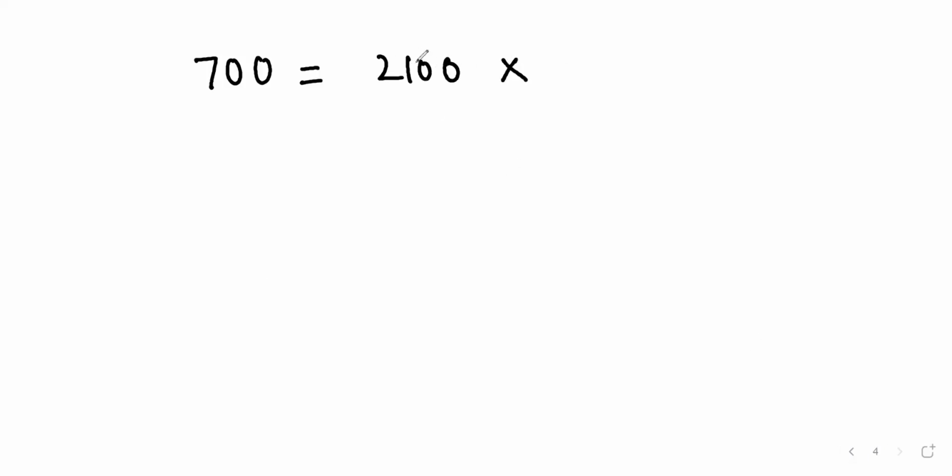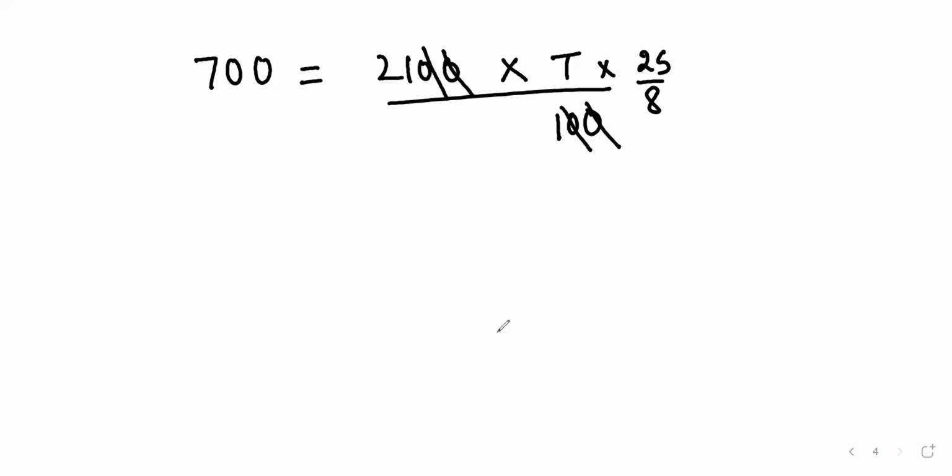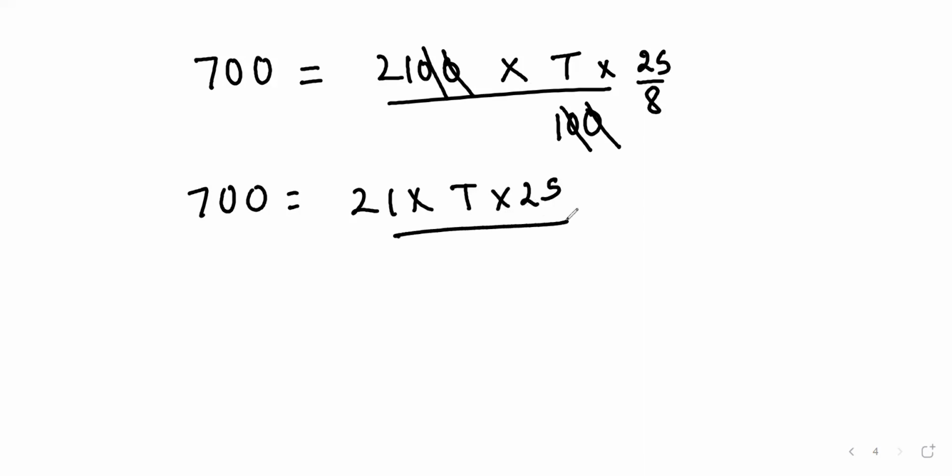T I don't know, I need to compute, into R. R is 25 upon 8 by 100. PTR over 100, so you can cancel out 2 zeros here and here. Then I get 700 is 21 into T into 25 over 8.